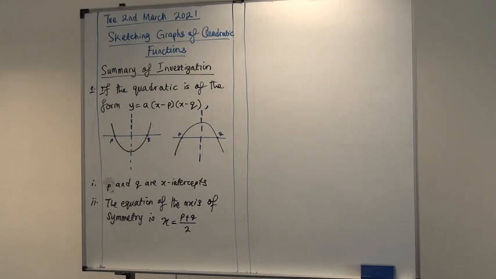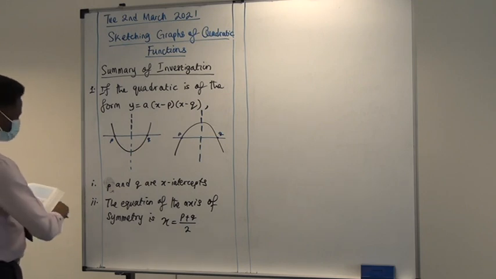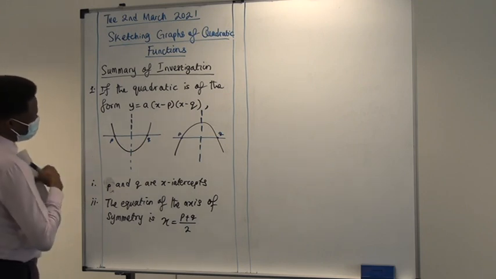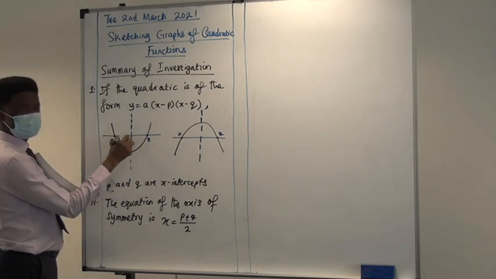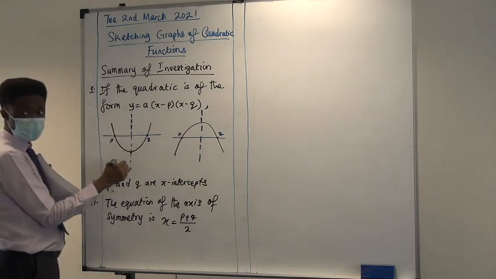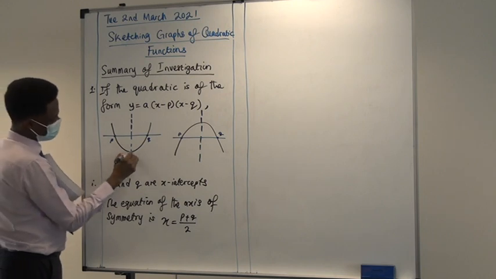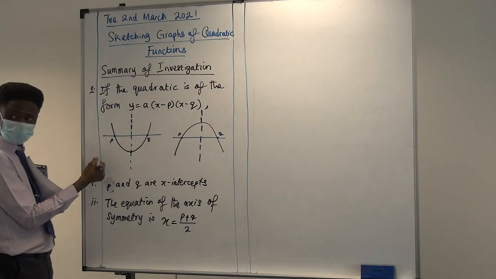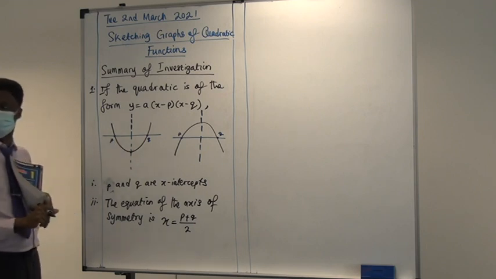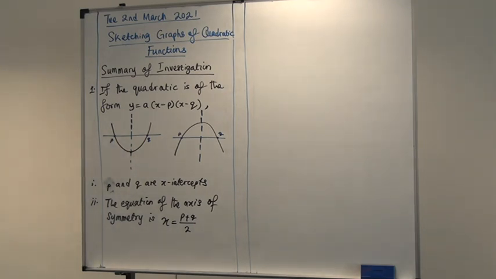Are you okay? Now, remember, the X coordinate at this point is also whatever you get here. So once we get our X coordinate, we can use that to find the Y coordinate, and you can get the coordinates of the vertex.